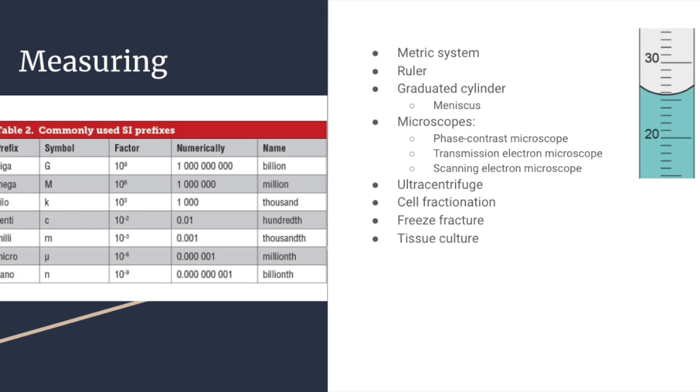However, the tissue is no longer alive under the electron microscope. The scanning electron microscope is useful for studying the surface of cells and also kills the tissue. Other tools for studying cells include the ultracentrifuge, cell fractionation, blenders, freeze fracture, and tissue culture.